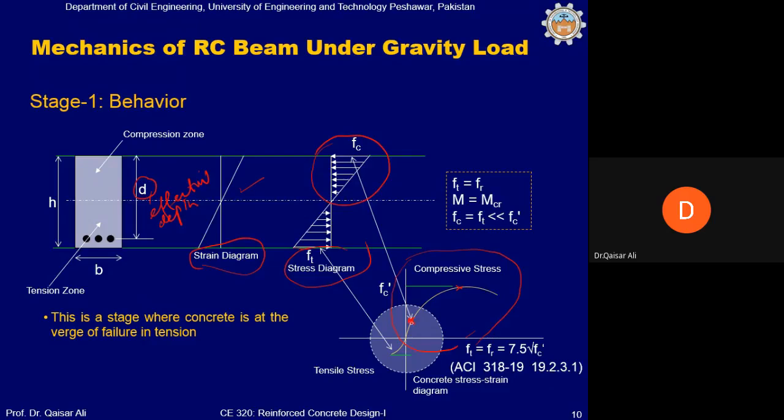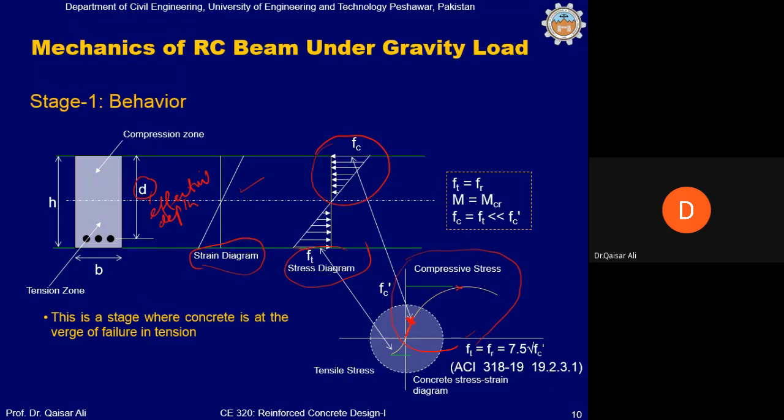So we are here, and this stage is almost linear. The relationship between stress and strain for concrete is also linear at this stage. This is an assumption that in the beginning this stage occurs at some point of time.